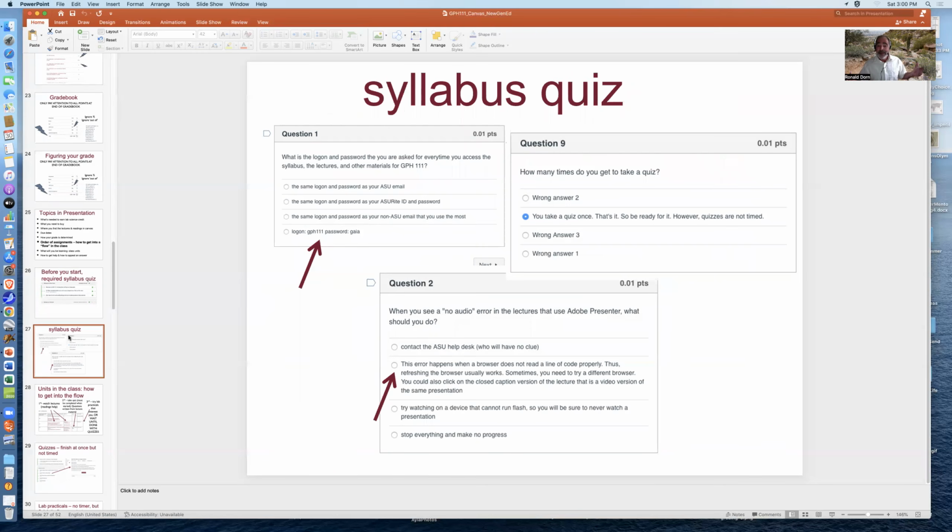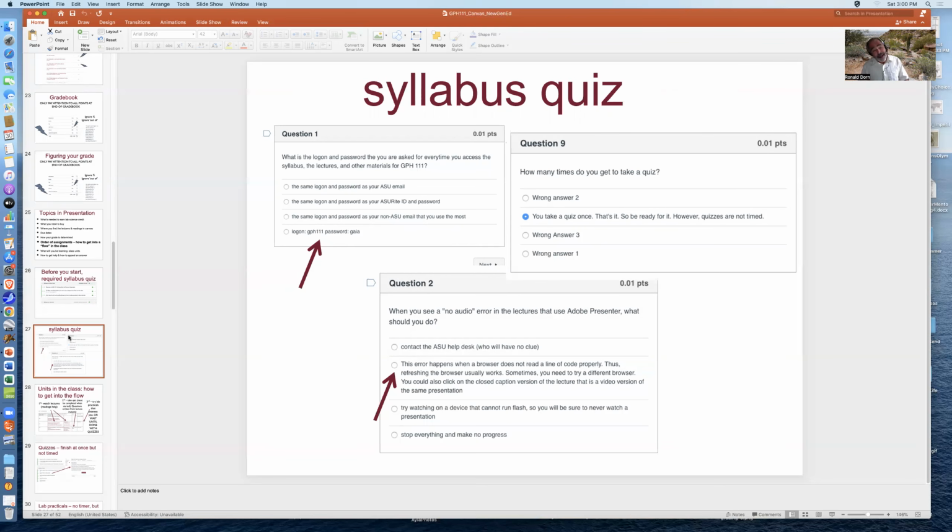For example, a common question I get is, when people try and access the HTML5 Adobe Presenter lectures, they're asked for a logon and a password. And I tell you that it's GPH111 and the password is Gaia. And there's also other material that I post to a server that has this broad class logon and password. And I get pinged with emails.